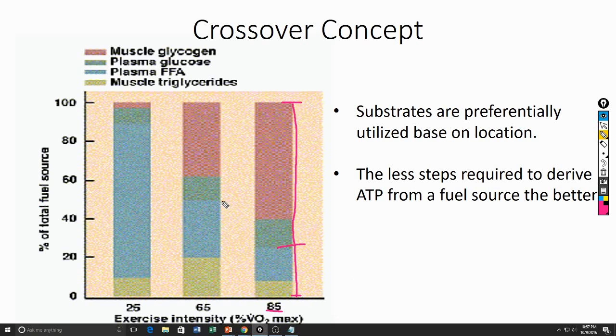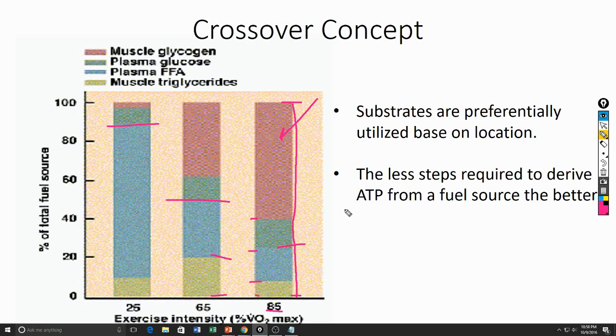Okay, so fat usage declining markedly at every increase in intensity, and then from here, I mean, the ratio is about the same, right? Here to there. Ratio is just a bit more on the glycogen usage side here, muscle glycogen.